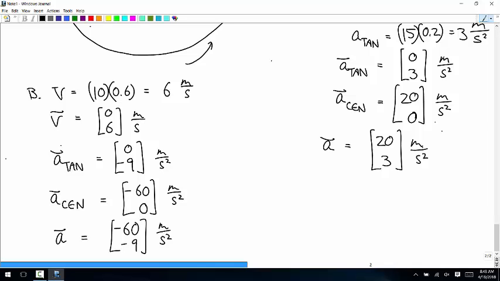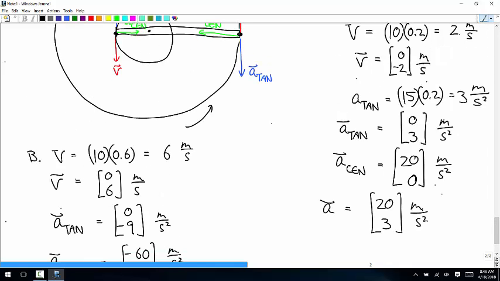Compare the part of the acceleration that's parallel to the velocity. That's the tangential acceleration. And so in this case, that's not too hard to do. Velocity and tangential acceleration in both cases are in opposite directions. So the rotation's slowing down and those translational velocities are slowing down. That's the case if there's a fixed axis.